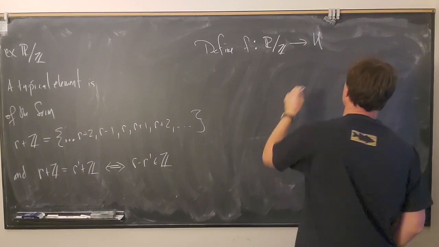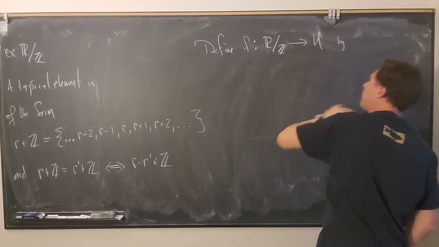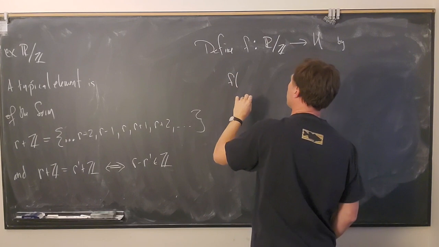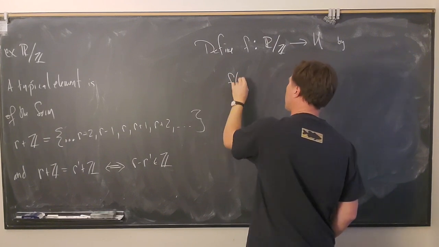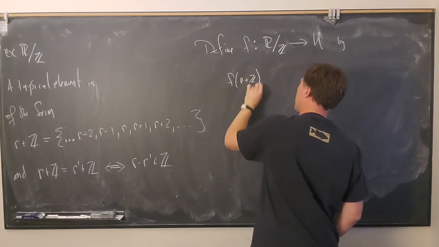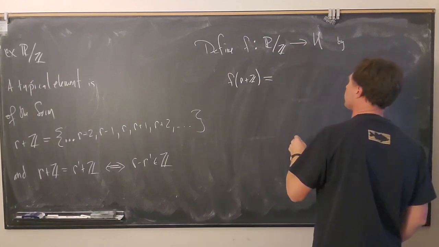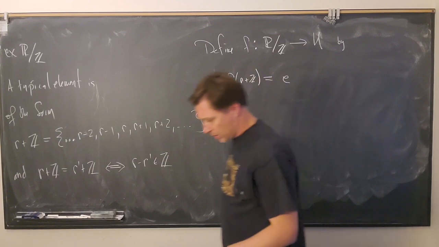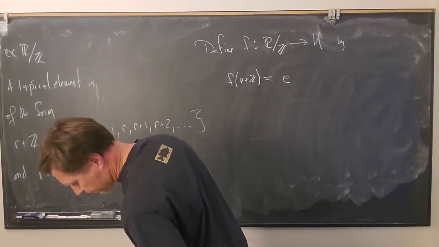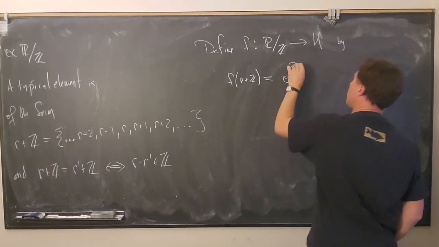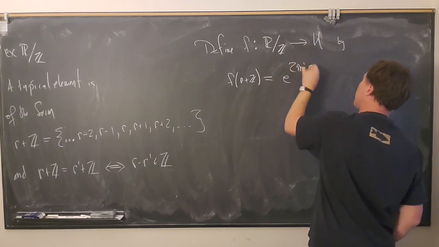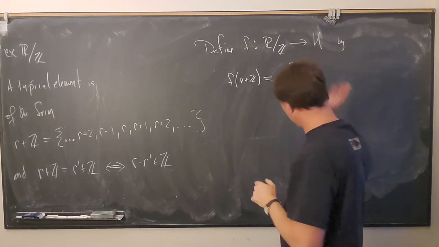I want to define it by F of a coset r plus Z equals e to the 2 pi i r. All right, so there's a legitimate function.